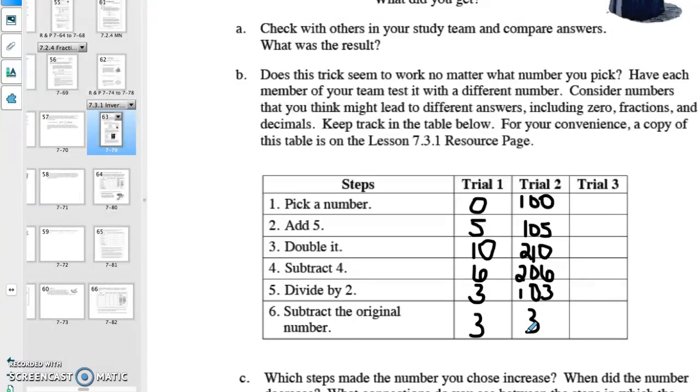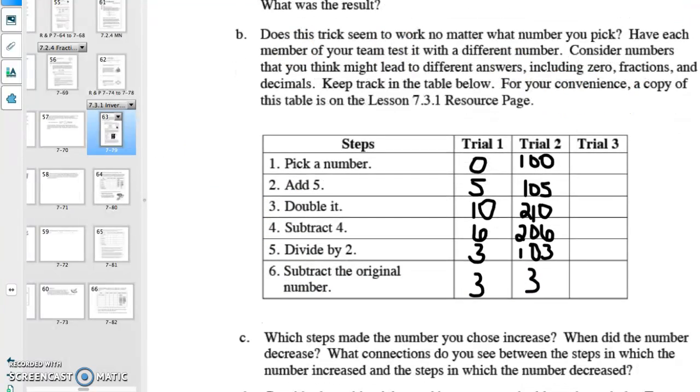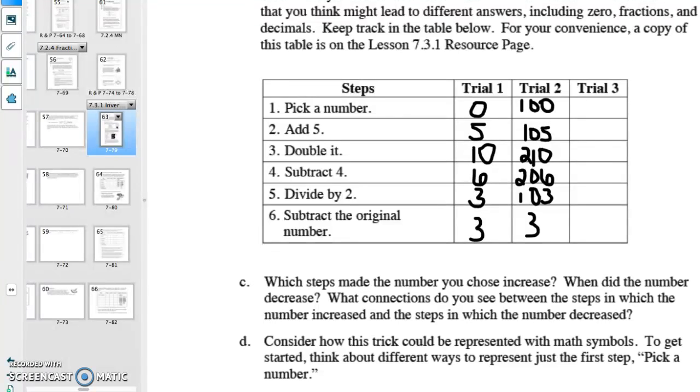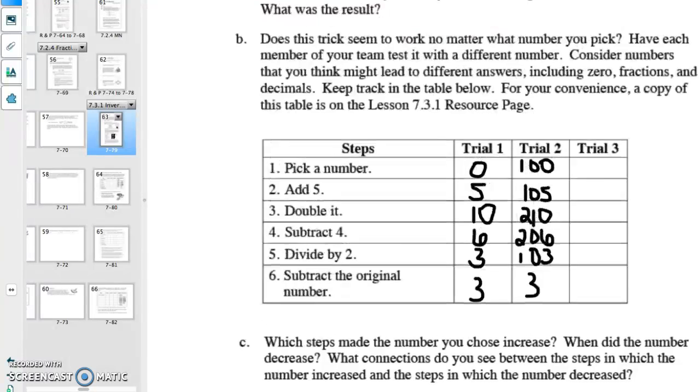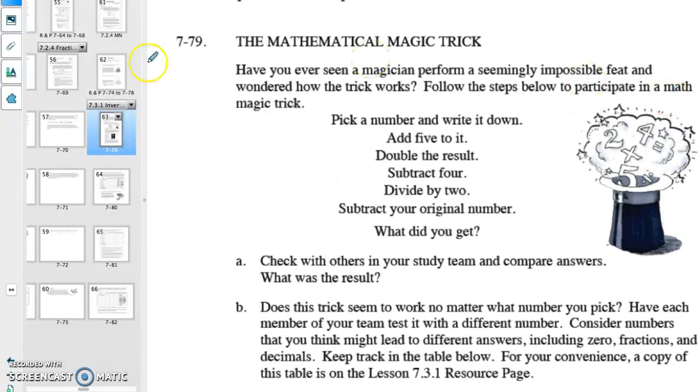So the big question is, what makes this work? So if we look at C, it says which steps made the numbers you chose increase. So if we look at the steps here, when did the number that we have increase? I'm going to have you pause the video right now and write out your answer. You can label this problem 7-79.